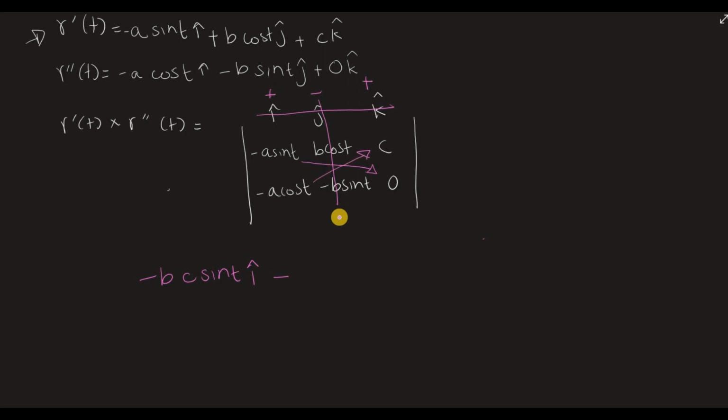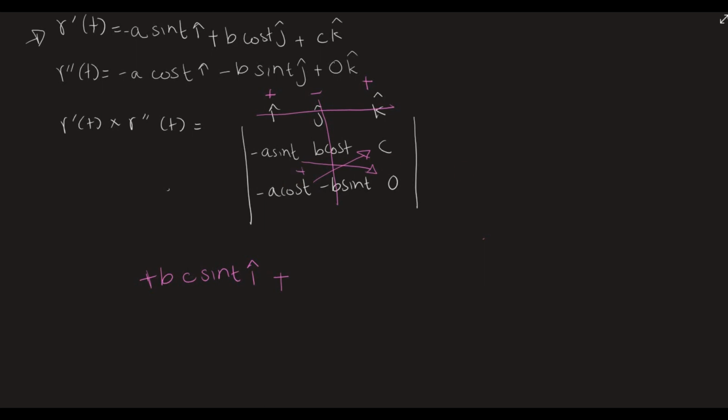Negative a sine t times 0 is just 0, and this times this will be ac cosine t. When you multiply this times this you put a negative, so this negative cancels out this negative, making it a positive here. And I forgot, sorry, this has to be positive as well, because it cancels out the minus. Sorry for that.